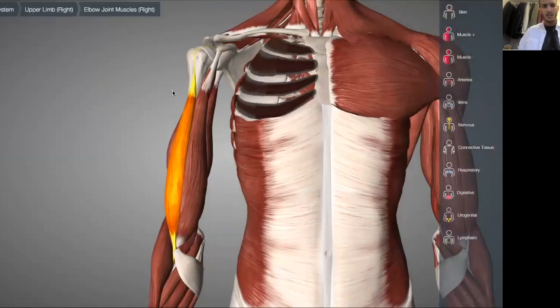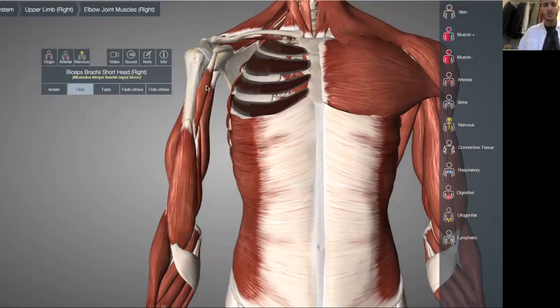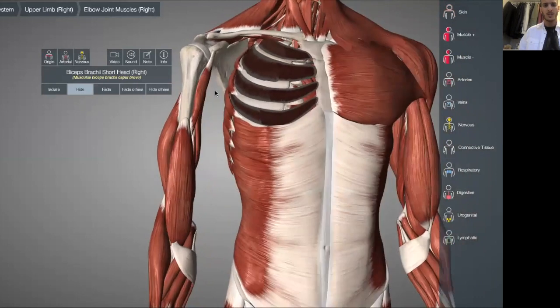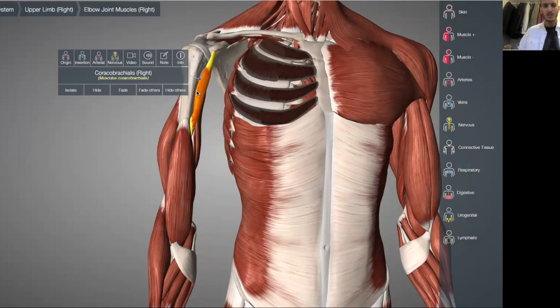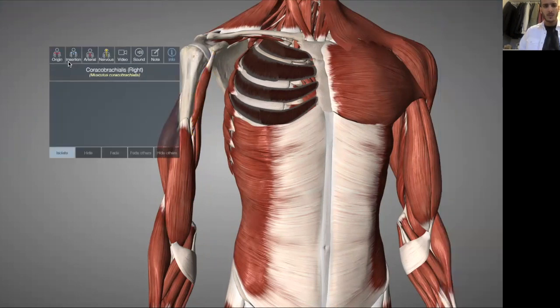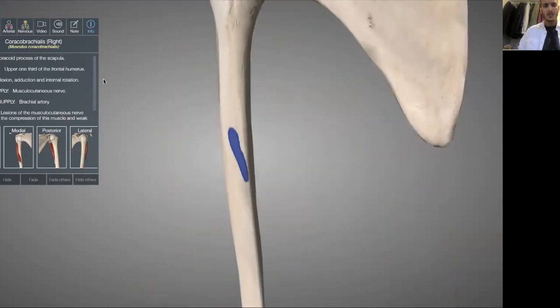Okay, so now I'm going to hide both of those heads and just show you what's underneath. So we have two things here. We have the brachialis muscle and the coracobrachialis. To start with the coracobrachialis, we have the origins. It's here from the coracoid process of the scapula. It inserts onto upper 1/3 of the frontal humerus, like frontal part of the humerus.